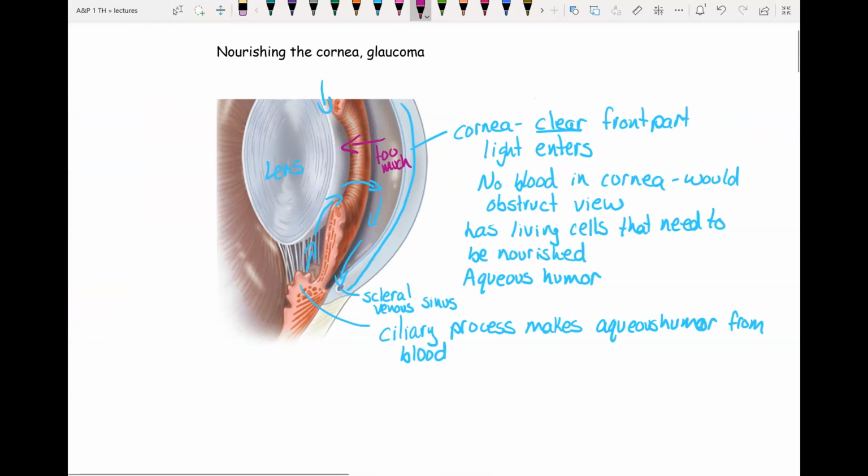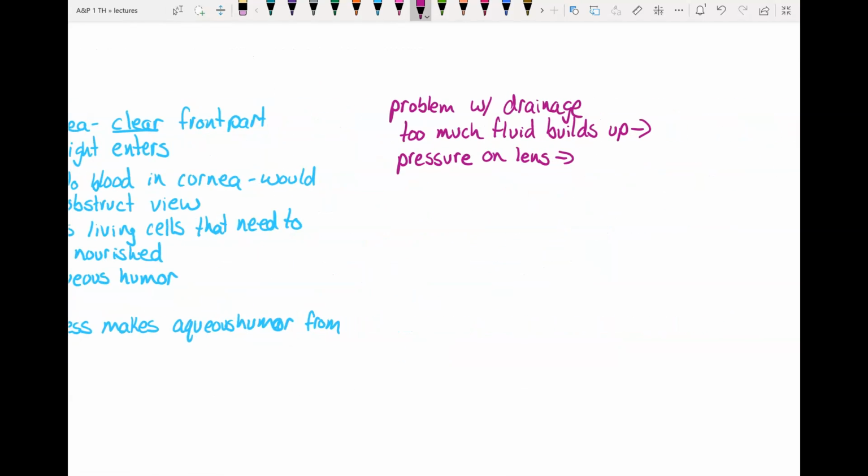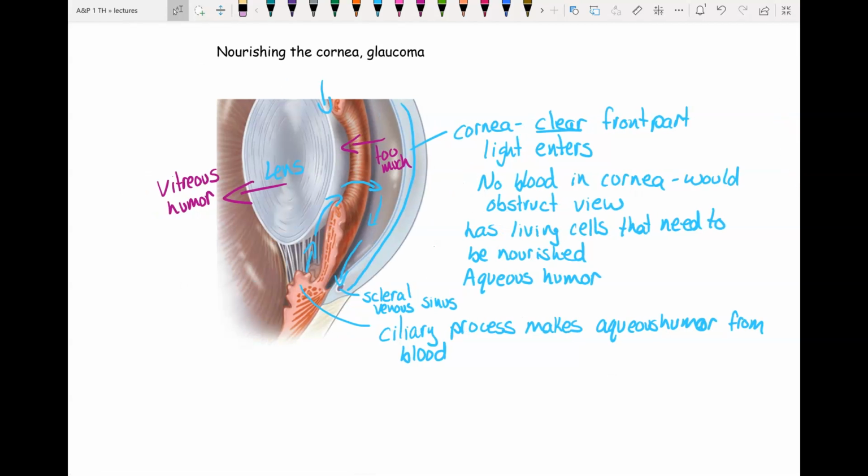The lens then transfers that pressure here to the back of the eye, which remember is filled with vitreous humor. So that pressure is then transferred to the vitreous humor. Now think about what you learned already about the layers of the eye. The vitreous humor holds up the retina. So then if there's pressure on the vitreous humor, the pressure is transferred to the retina.